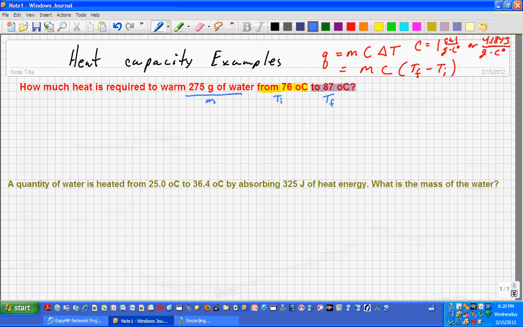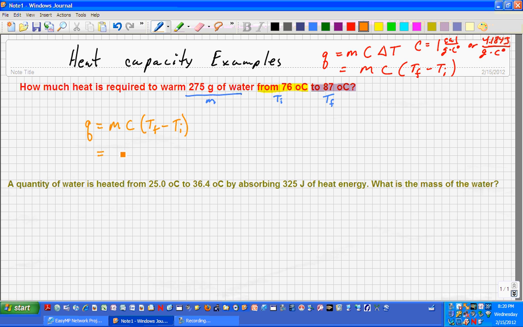So let's go ahead and use that equation to get our heat. Now that Q is equal to MC delta T, or in other words, T final minus T initial. So I'm going to go ahead and start substituting.